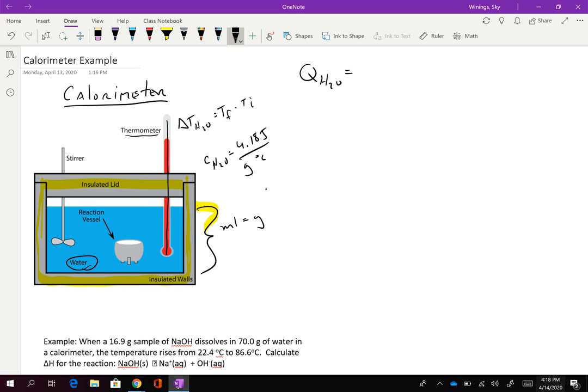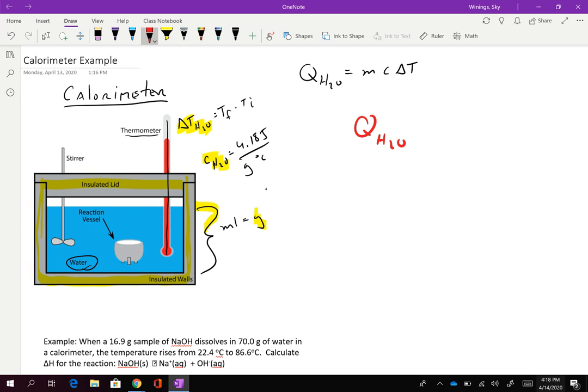Energy of water, Q, equals MC delta T. So we've got a delta T we could solve for, a specific heat, and grams.